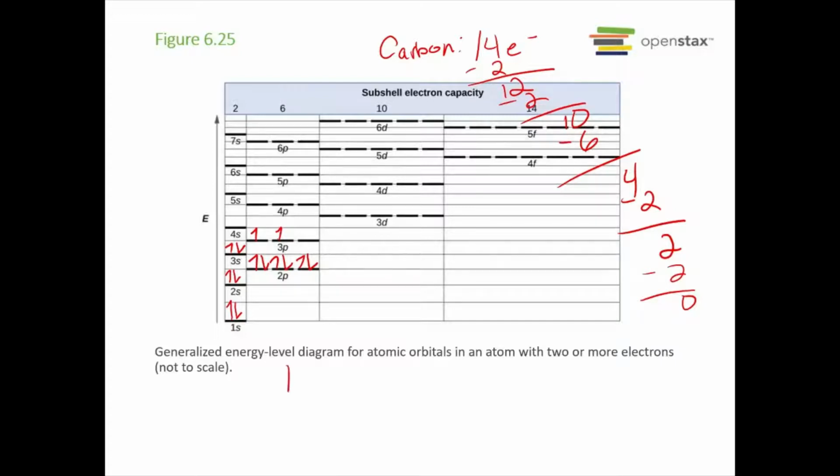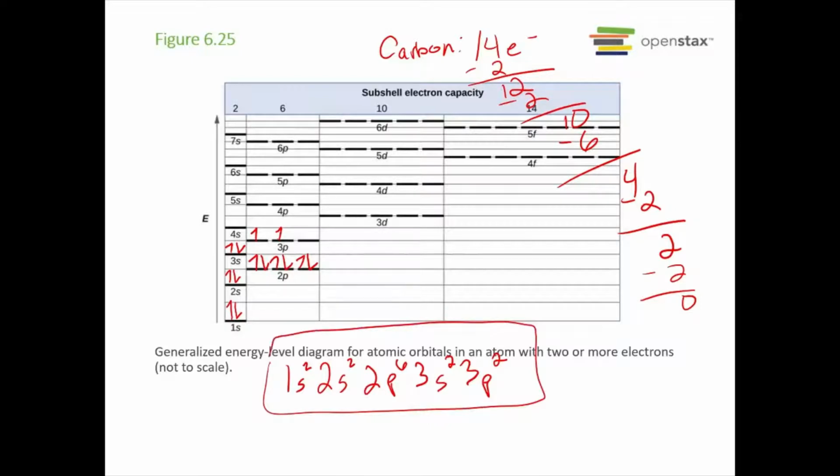This goes 1s2, 2s2, 2p6, 3s2, 3p2. And that is the electron configuration of carbon.